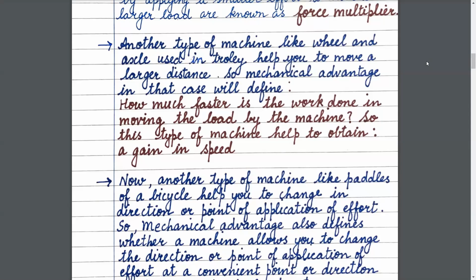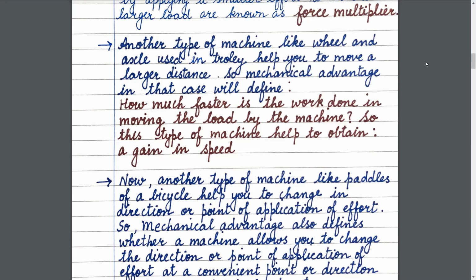So in that case, mechanical advantage will define how much faster the work is done in moving the load by the machine. So this type of machine helps to obtain a gain in speed.